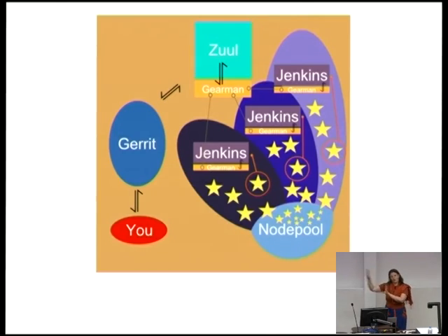And then the logs get moved over, the VM goes down, node pool will spin up something else. And then the message that contains the URL for the logs goes back through Gearman to Zuul to Gerrit and gets attached as a comment to the patch that it just tested.